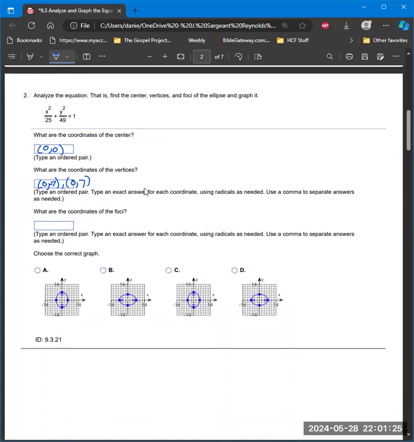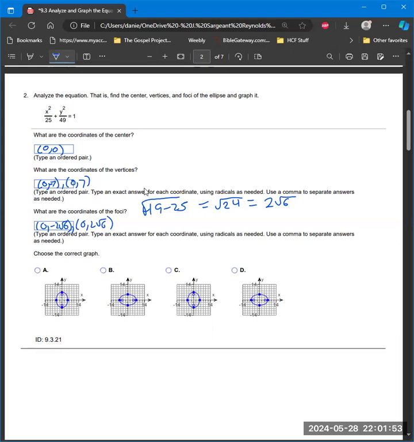Foci are going to be at 49 minus 25 inside the square root sign, the square root of 24, which is 2 root 6. So this is going to be 0, -2 root 6, 0, 2 root 6.